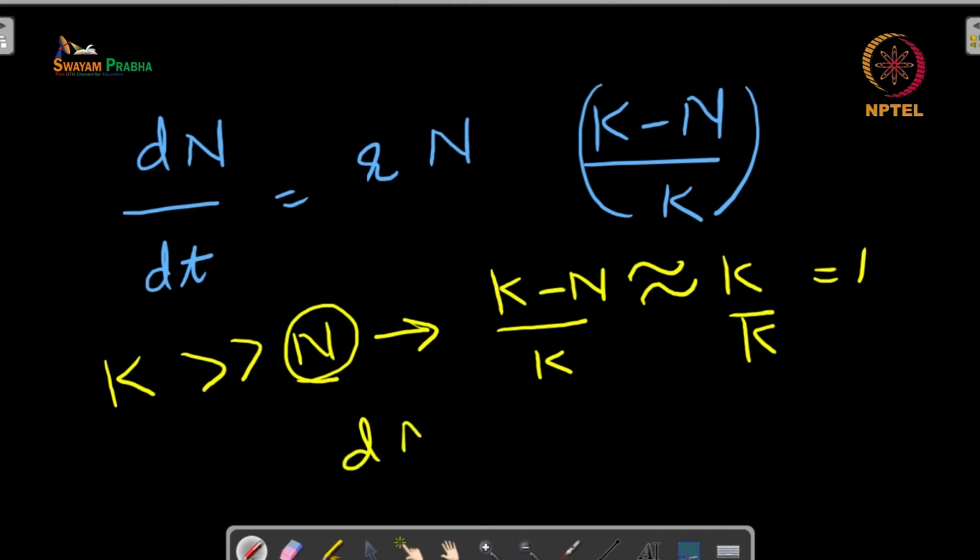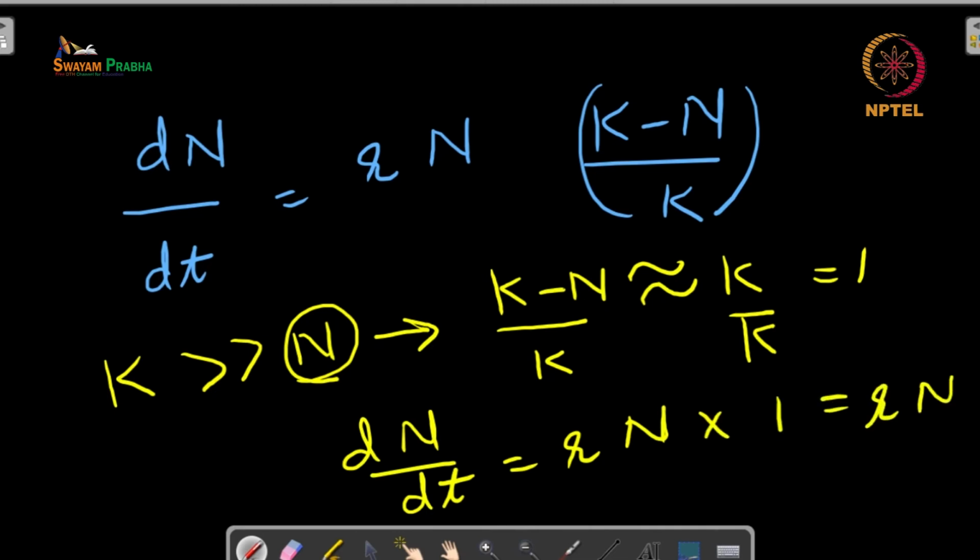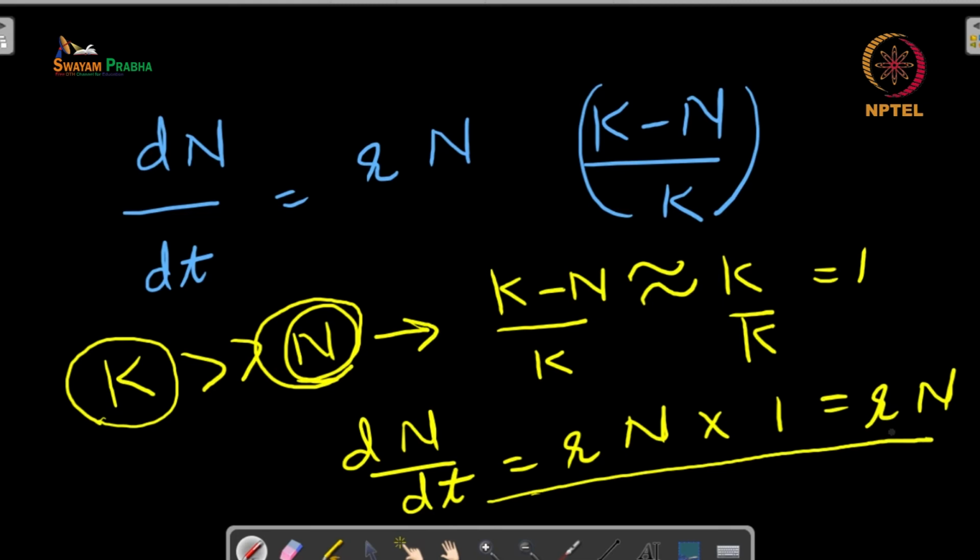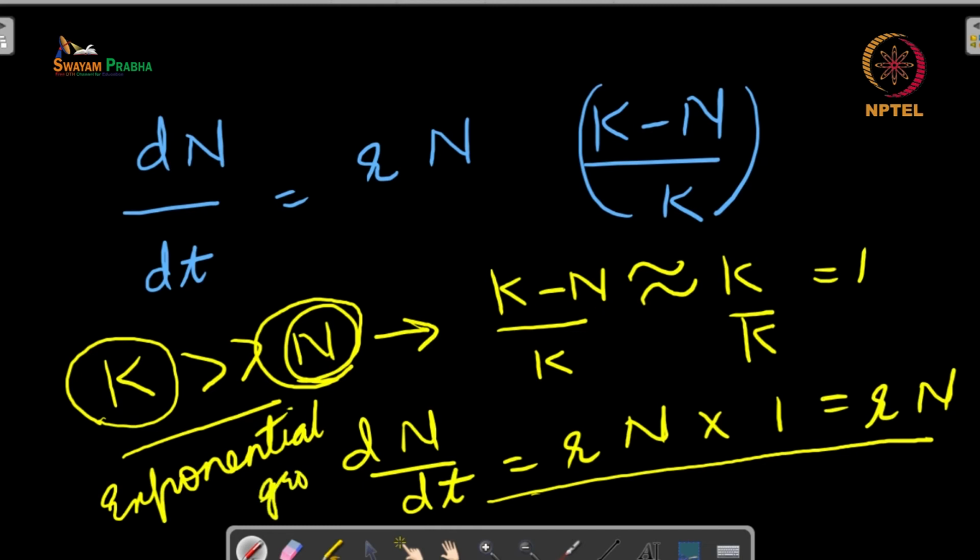And in that case we have dN by dt is r into N into 1, which is r into N. That is, when the carrying capacity is very high and the population size is very much less than the carrying capacity, we have the equation dN by dt equals r into N, which is the equation of exponential growth. So in this situation we will have exponential growth.